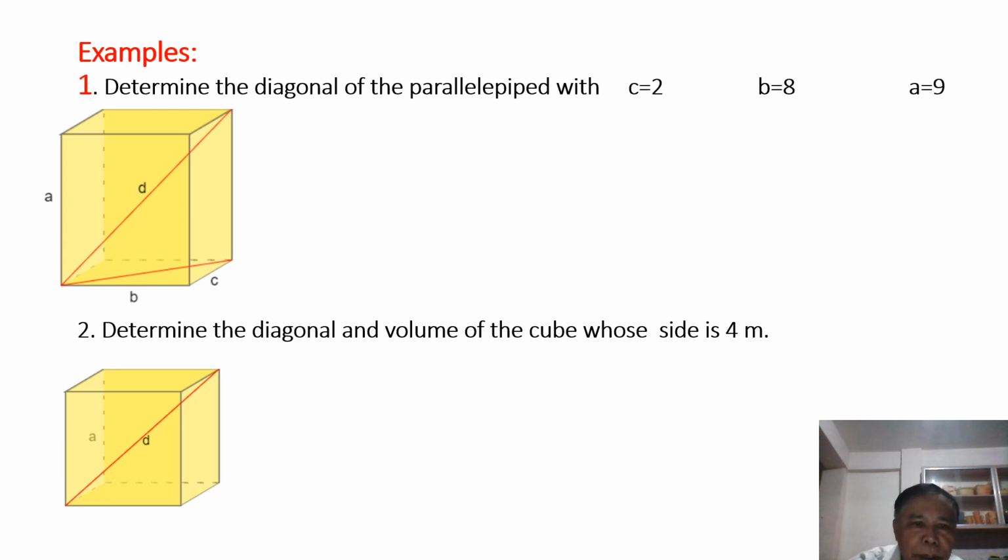So you have the diagonal equals the square root of a squared plus b squared plus c squared, or simply, your a is 9 squared plus 8 squared plus your c is 2 squared.